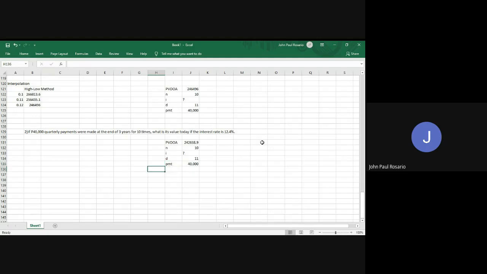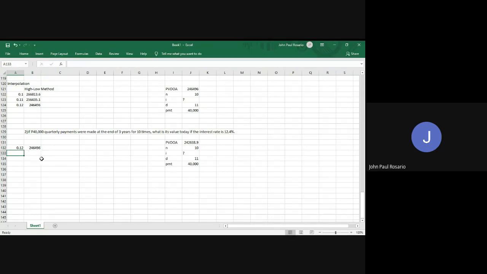Okay. So again, let's go with our high-low method. So again, I usually start at 0.10. So assuming 0.10. We know, guys, earlier that at 0.12, it's 246,496.